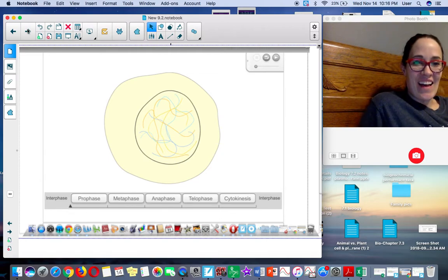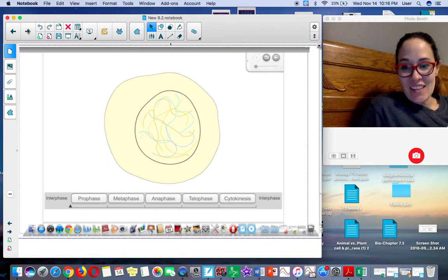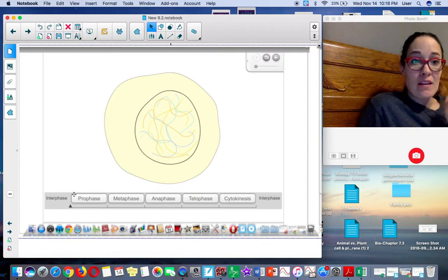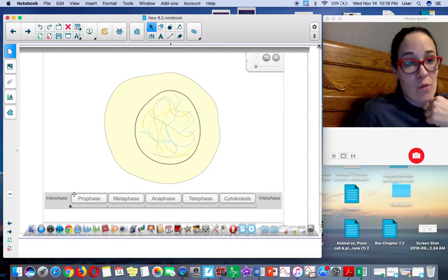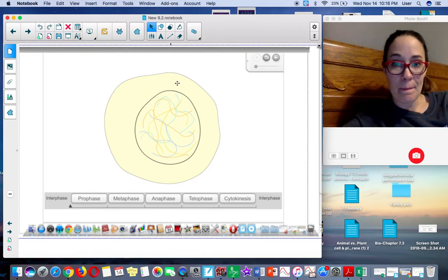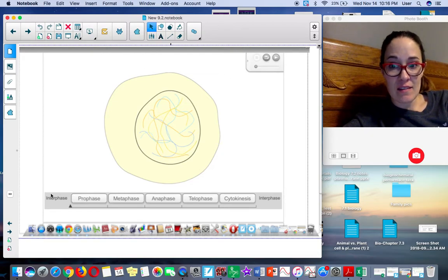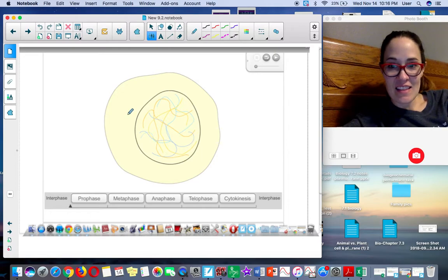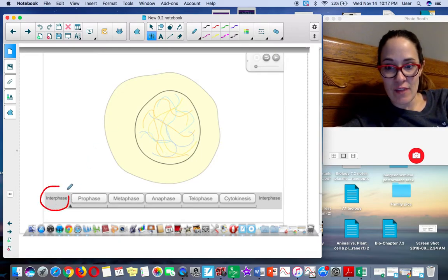Here is a cell. This cell is in interphase. Now on your paper, it might need to be darkened in. We're going to add some information here. Some things you can see. This is a cell that is in interphase.